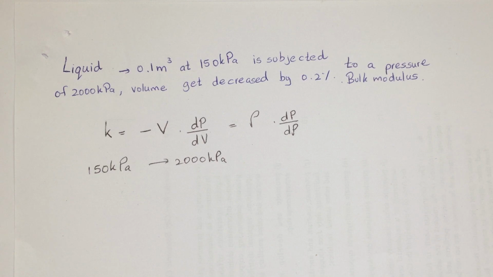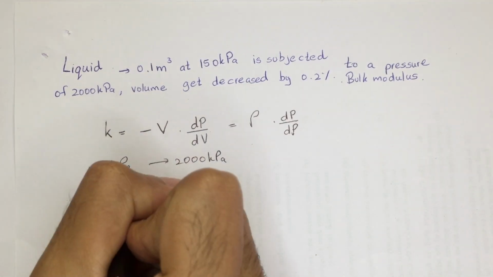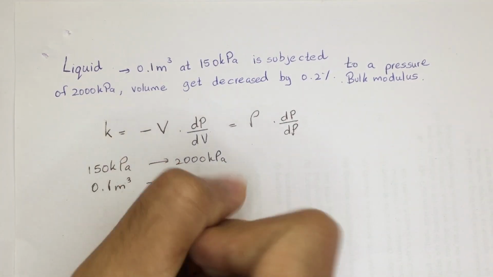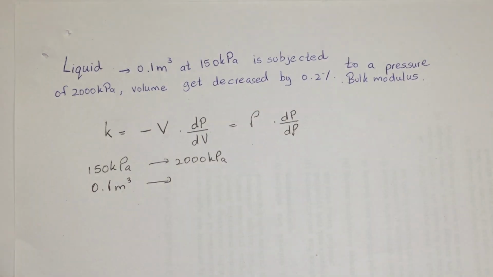There are many methods, but I'm going to show the long method first, and after that I'm going to show the shortcut. When you are considering the delta V, we know the initial volume, which is 0.1 meter cube, but we don't know the value of the final volume. If we know the final volume, we can find the delta V. How are we going to find this?